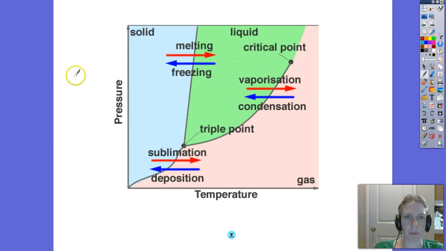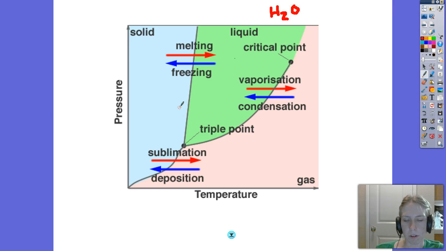So here we have what is called a phase diagram. There's a couple important parts on a phase diagram that you need to know. This one is actually a phase diagram of water. So we have our H2O, and phase diagrams are specific to whatever the substance is.